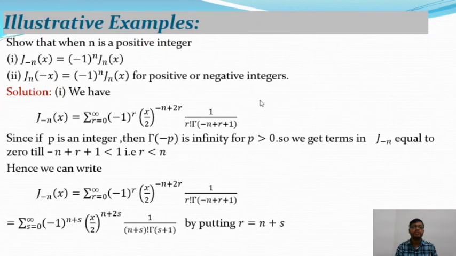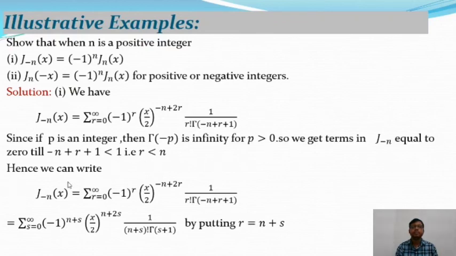Okay, so this is the definition of the Bessel's function. So now, if p is an integer, then gamma of minus p is infinity for p greater than 0. Okay, so we get terms in J_{-n} equal to 0 till minus n plus r plus 1 is less than 1, that means r is less than n.